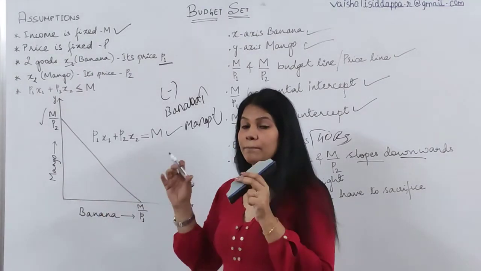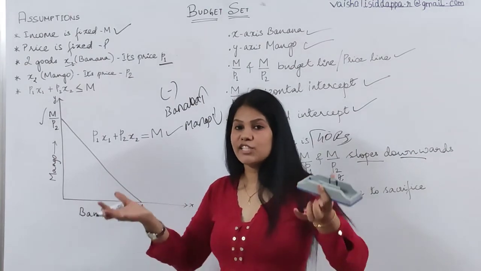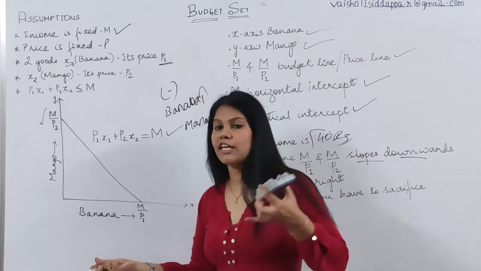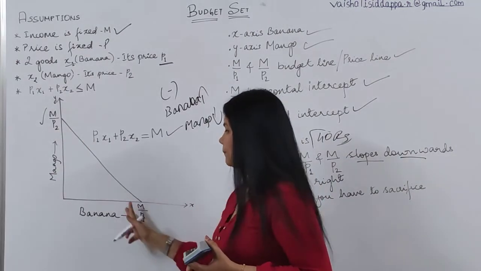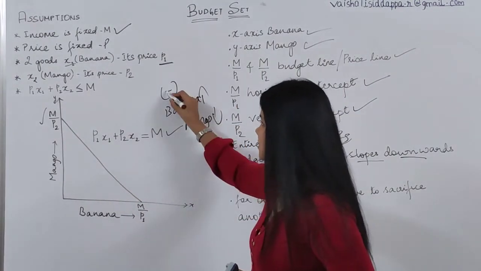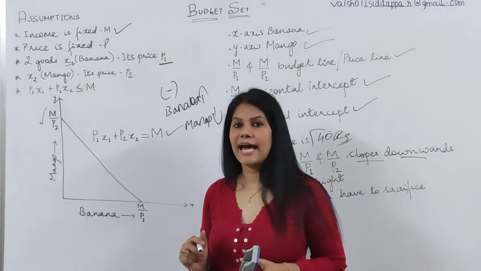So what is the reason behind this? Because your income is limited. Both things simultaneously you cannot increase, because your income is limited. If you want one thing, you have to sacrifice another thing. So that is why this curve comes downward, because it is a negative relationship. Both goods move in the opposite direction.